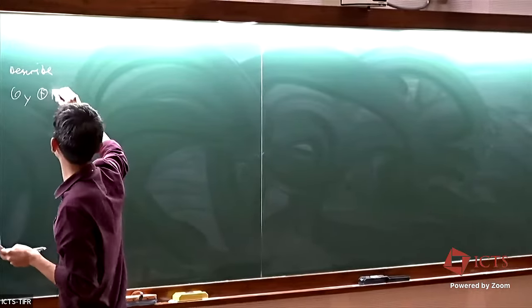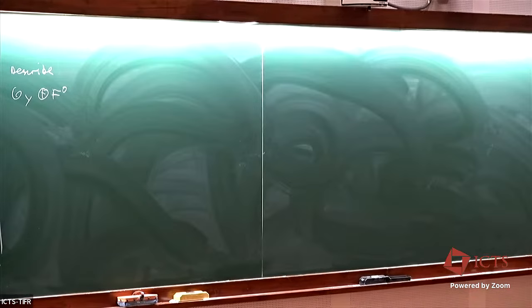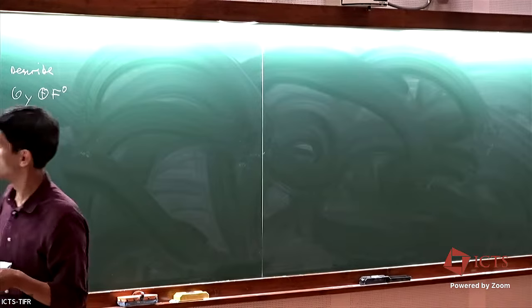So maybe I'm going to introduce some notation. I'm going to define this now to just be V de Rham. This is my notation for the dual of de Rham cohomology.